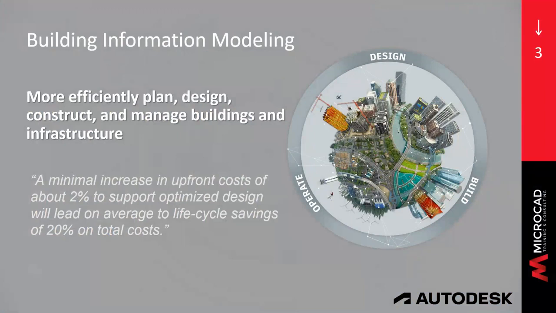And with Building Information Modeling, what we're trying to introduce and what we have been introducing for the last 25 years is an intelligent 3D model-based process that will allow architects, engineers, and construction professionals to have a better insight of the building that they're creating, to create more intuitive buildings, to have a better understanding of the building elements that you're creating.